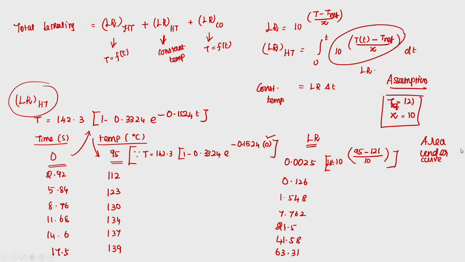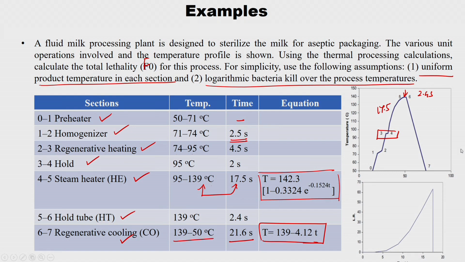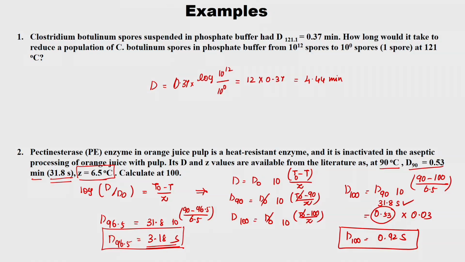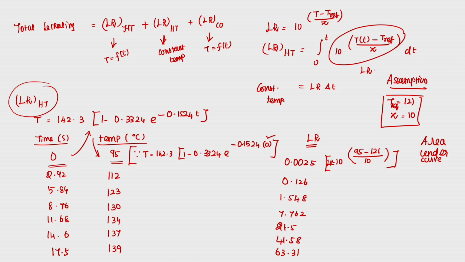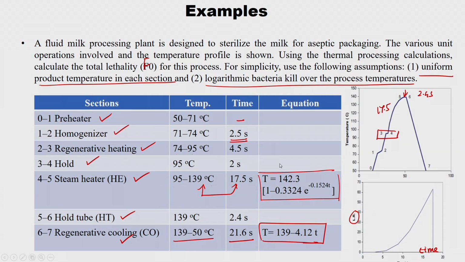I will come to that. Here, this is the LR versus time, and this is the time on the x axis. What I have done here is I just plotted whatever I calculated, the time versus LR. The curve looks like this. So, I will calculate the area under the curve, which is this particular value.